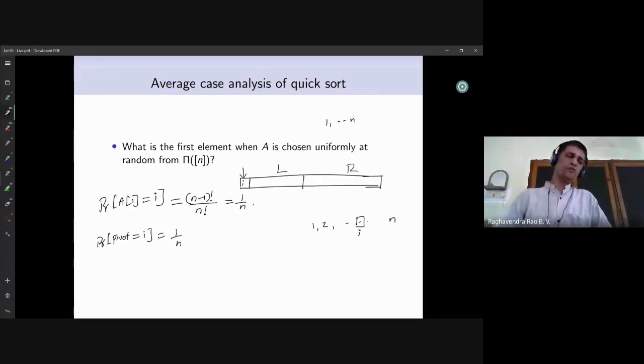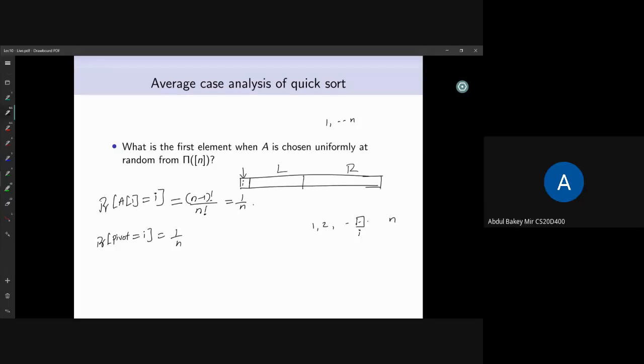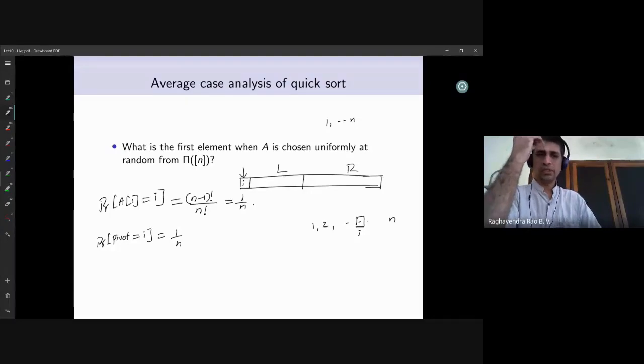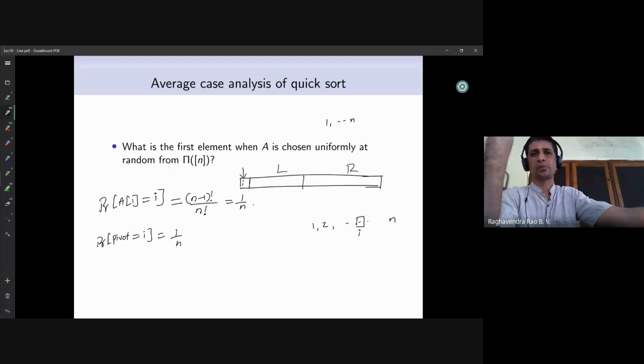Now once you fix the first element, can you repeat the equivalence between the two statements? Yes, the first step of the randomized quicksort, which is basically randomly choosing one of 1 to n as a pivot, is equivalent to the first step of our deterministic quicksort when it is provided with a random permutation, whereas in randomized quicksort we are providing a fixed permutation.